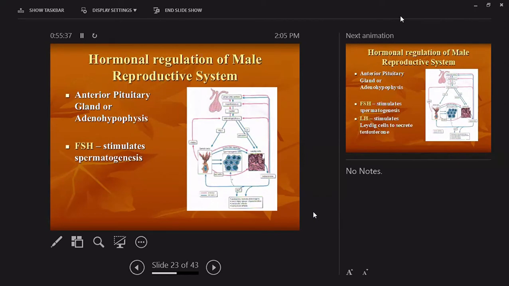That's why you have your arrows there: Leydig cells, the FSH, luteinizing hormone, and then your testosterone, and then you have your inhibin. Please study this diagram.